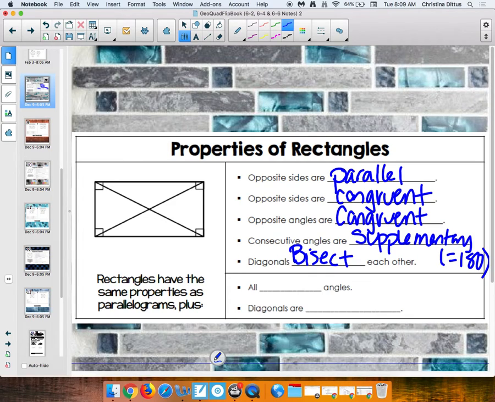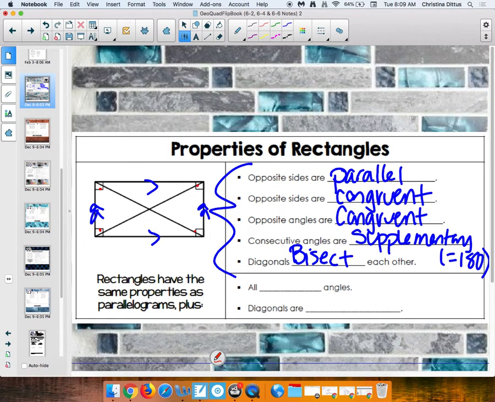Rectangles are obviously parallelograms because we have opposite sides parallel, and all of these other things make it a parallelogram. We have two additional properties that make them rectangles. What do you know about angles in the corners of rectangles? They're 90.